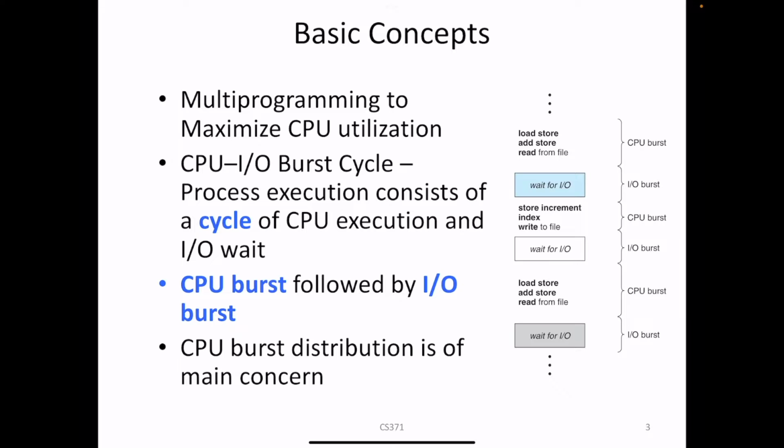Then move another process onto the CPU to keep the CPU as busy as possible. Another thing I would like to mention is that during the lifetime of a process, the running time of each CPU burst may not be the same, which makes the CPU scheduling even more complicated.